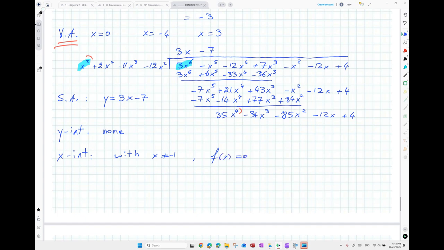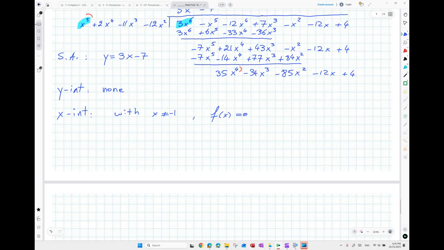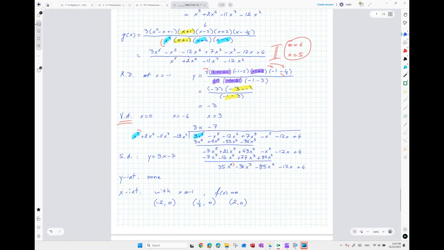So I've got the factored form, and I can directly conclude that based on the factors, it's going to be negative 2, 0, 1/3, 0, and finally 2, 0. And that's it. Good luck.